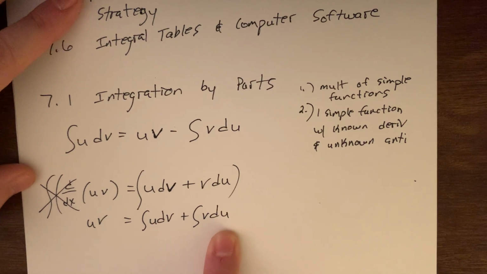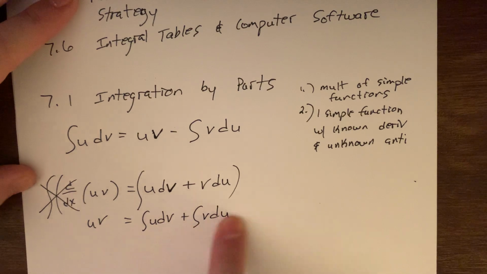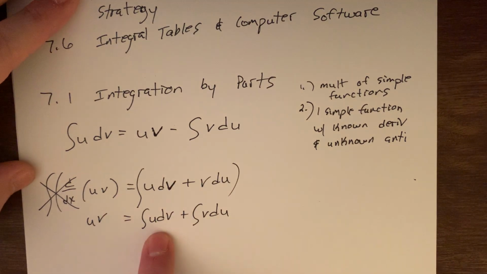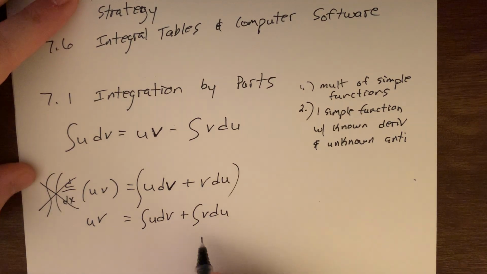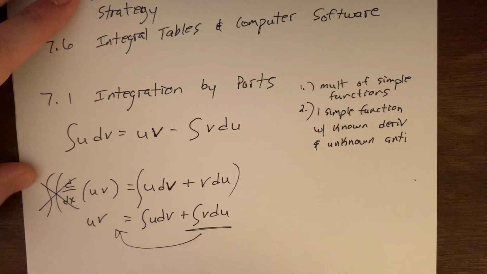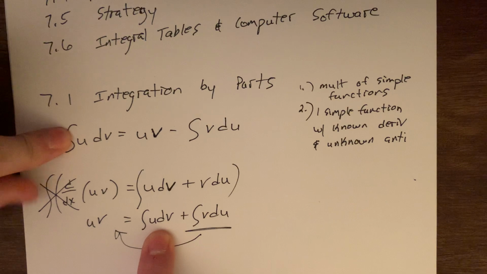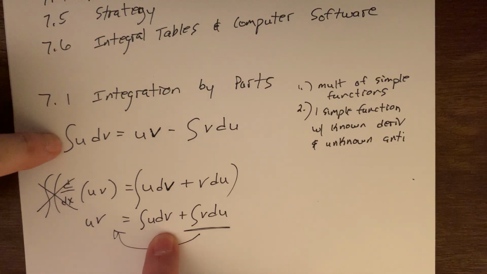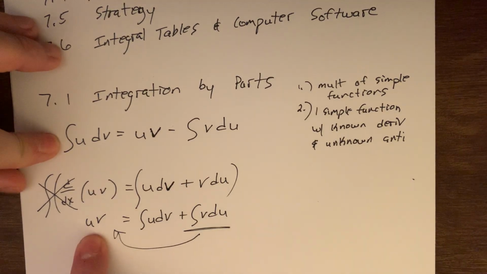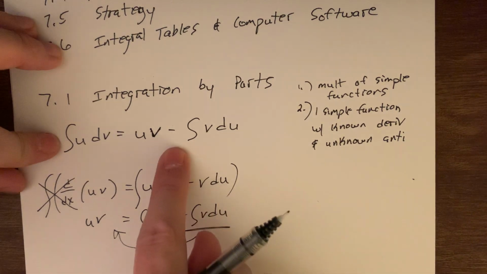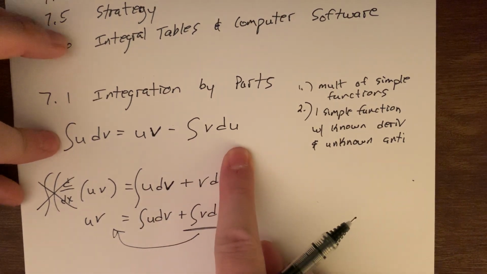And the last thing is just to realize all I've done to get this formula is isolate this integral. Subtract this to the other side, and then change your order so that this is on the left side, and you get this integral is equal to the original uv minus the integral v du.